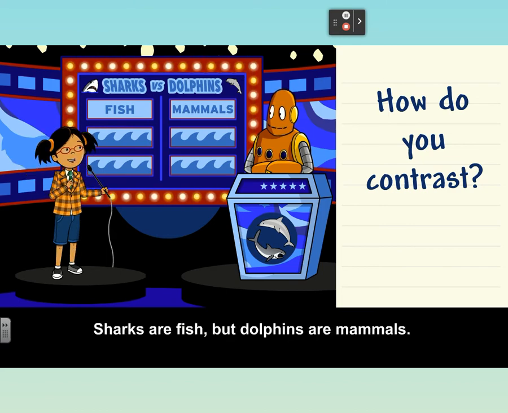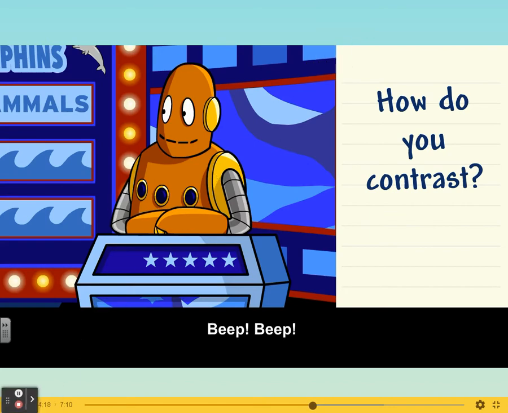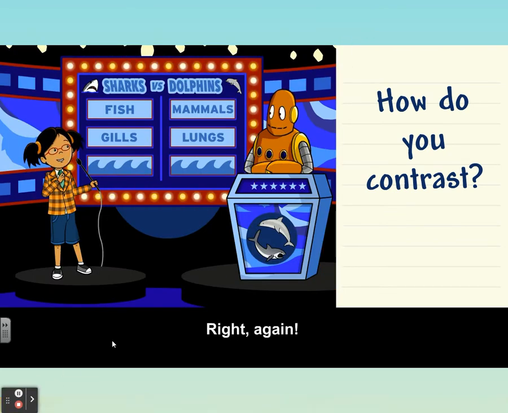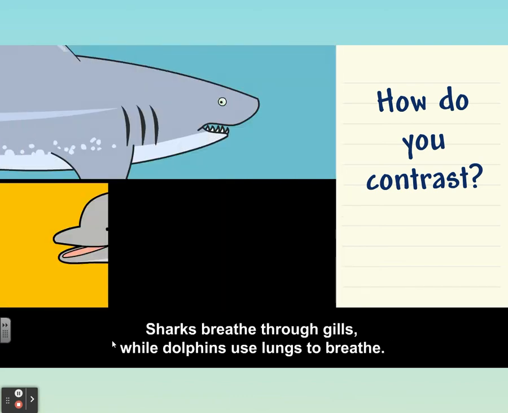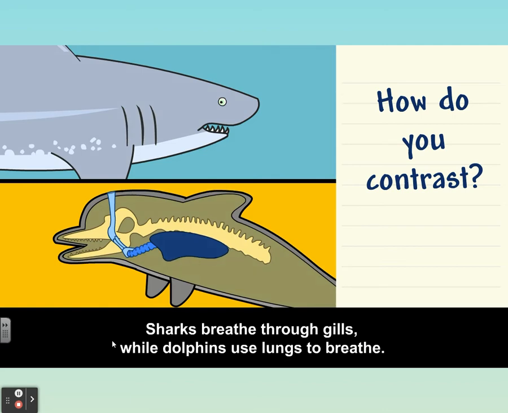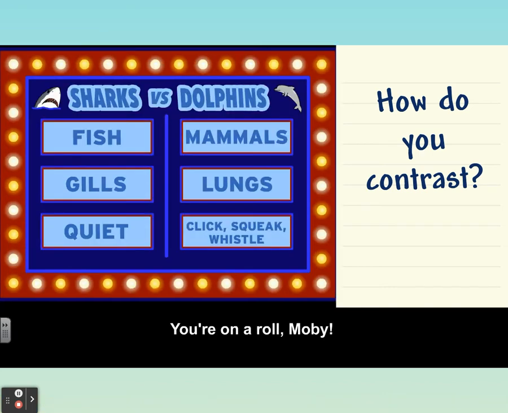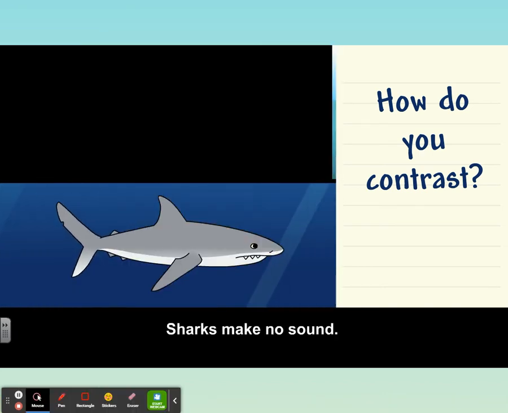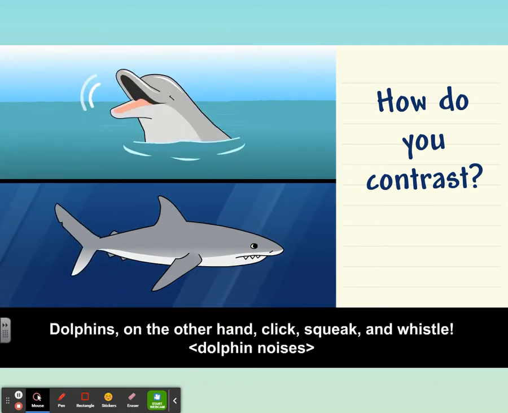Sharks are fish, but dolphins are mammals. Right again. Dolphins and sharks breathe differently. Sharks breathe through gills, while dolphins use lungs to breathe. You're on a roll, Moby. Sharks make no sound. Dolphins, on the other hand, click, squeak, and whistle.